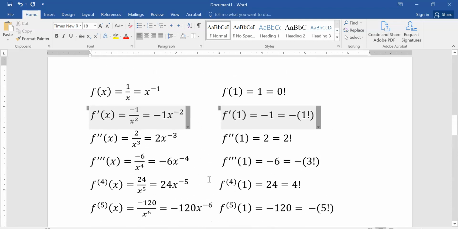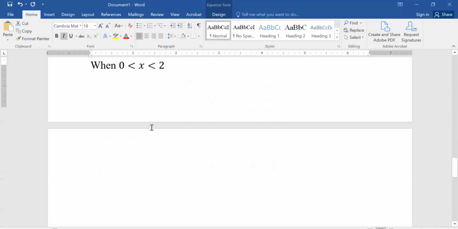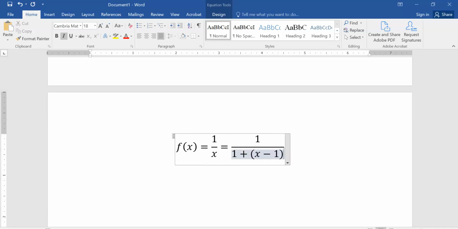Now, I hope that you remembered that we've actually done something similar to this. This one, if we would have wanted to, f of x equals 1 over x, we could have actually dealt with this one using the techniques in our last section, right? We could have rewritten that as 1 over, and then if I wanted to center this at 1, I go 1 plus x minus 1, right?